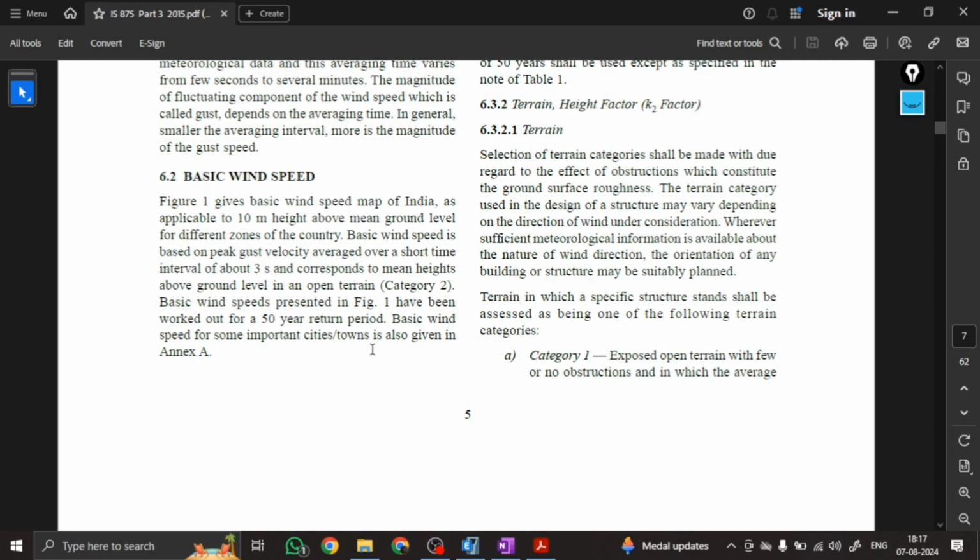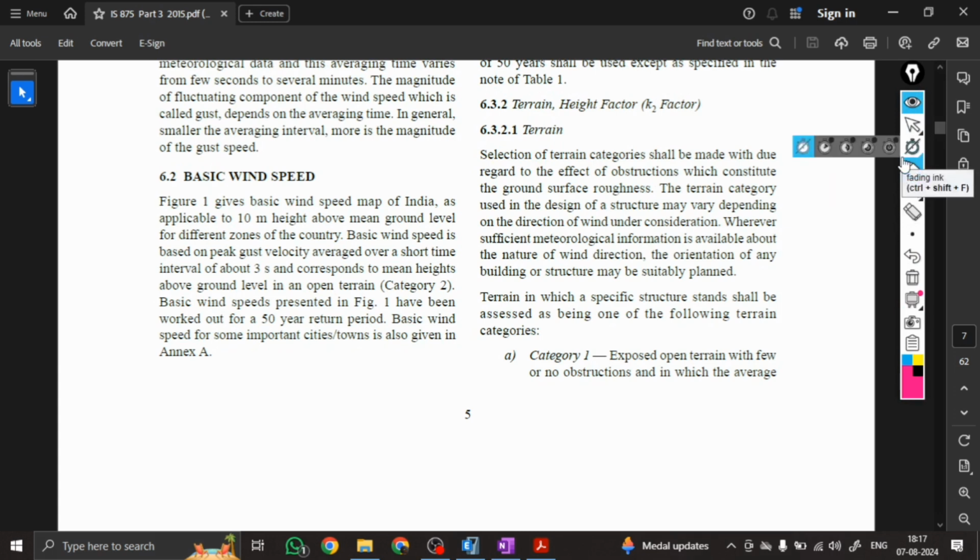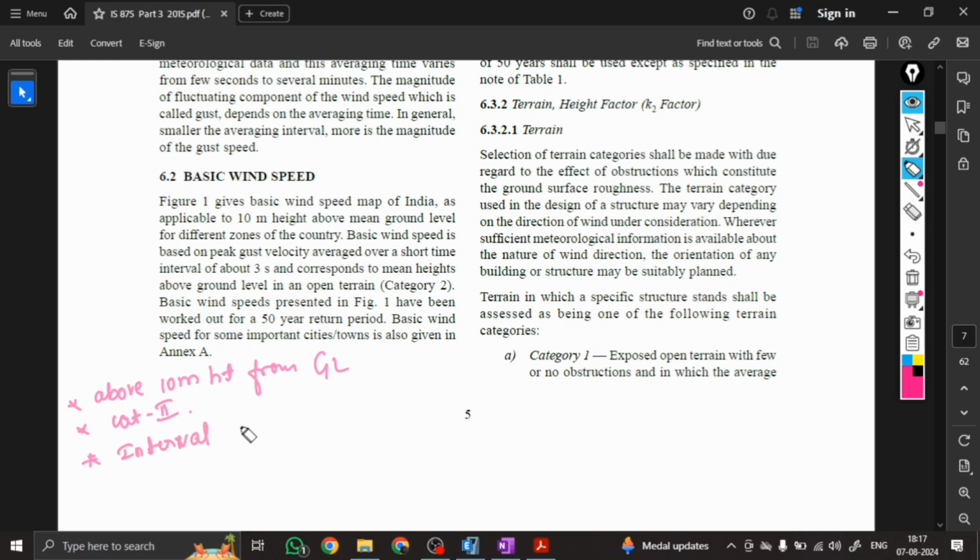So basic wind speed is considered, first, above 10 meter height from ground level. Second condition, category 2 it is considering, and it is based on an interval of 3 seconds, which corresponds to mean height, means average height.